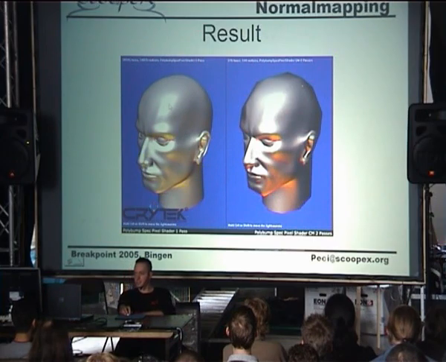This is the high poly model, and here's the low poly model. The high poly model has about 14,000 vertices, and the low poly has 144. Of course you see the hard edges here because of the low vertex count, but if you look inside the model, it really looks the same as the high poly model.